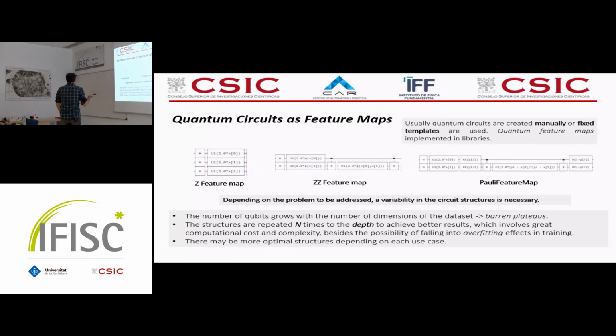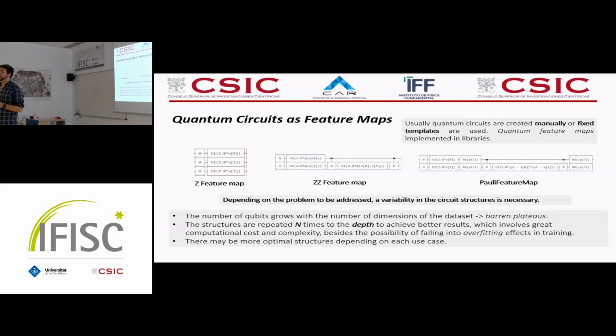Well, right now in the state of the art, when we are talking about quantum support vector machines, everybody is using this kind of circuits, which are very much templates, very standard ones. But we were wondering, okay, cool, but are they always good?